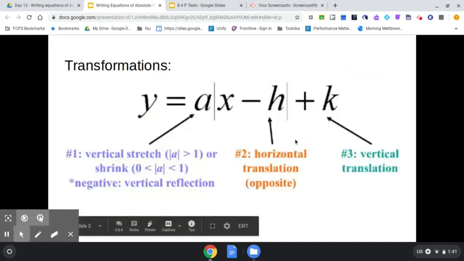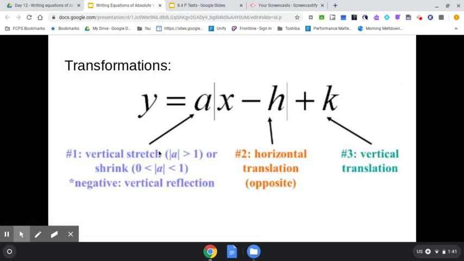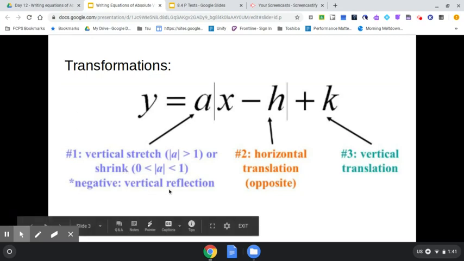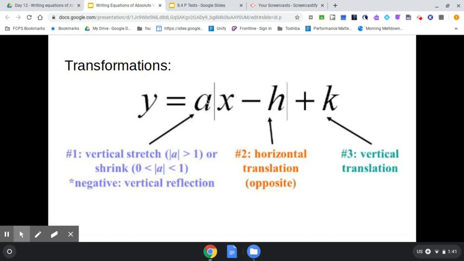When we transform absolute value functions, we can stretch or shrink the graph, also cause a vertical reflection by changing the value out in front of the absolute value. That's the a value.